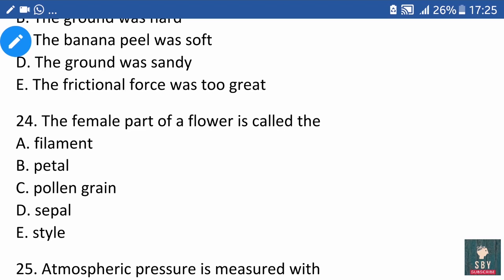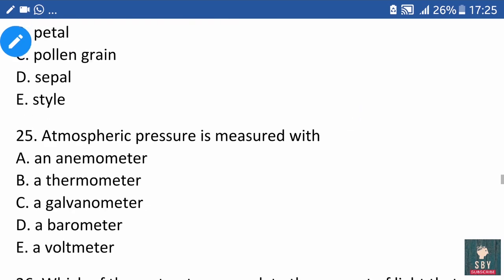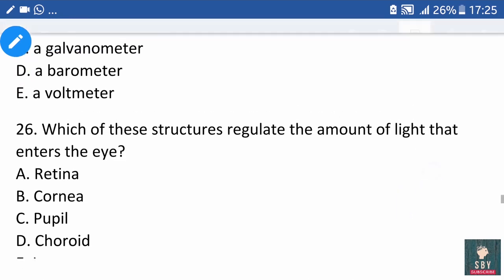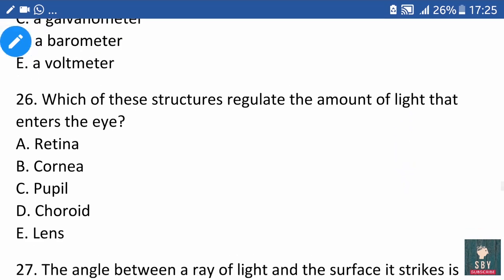The style. Atmospheric pressure is measured with a barometer. The following structures regulate the amount of light that enters the eye. This is the retina.